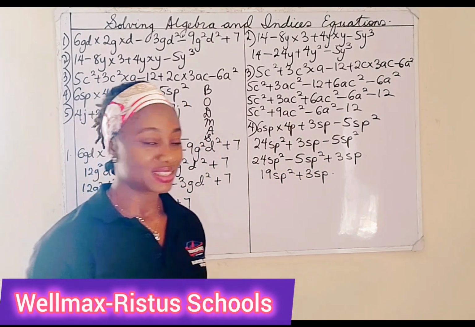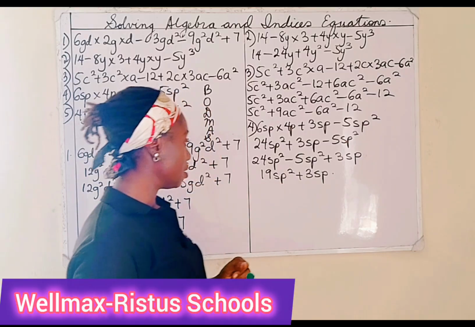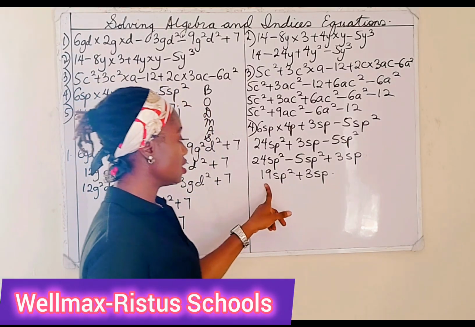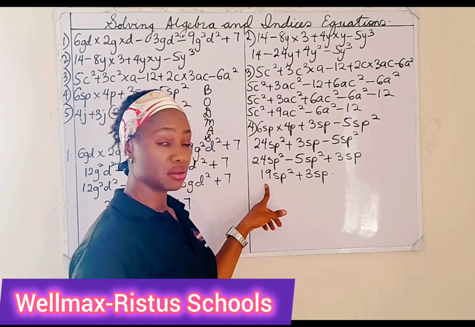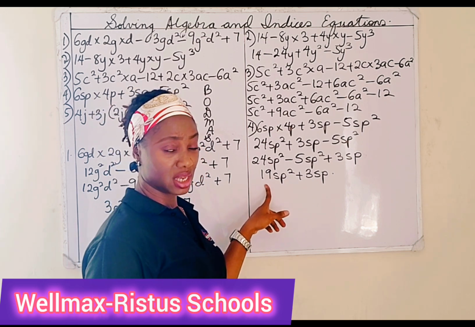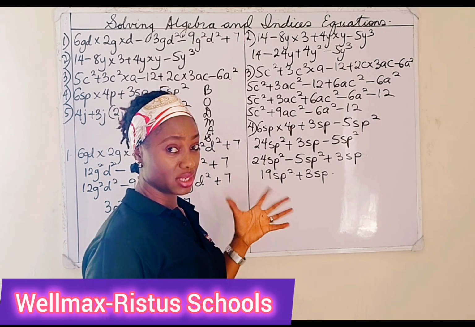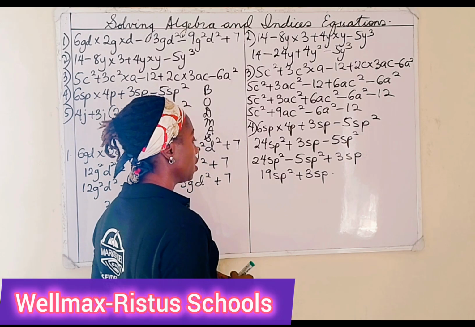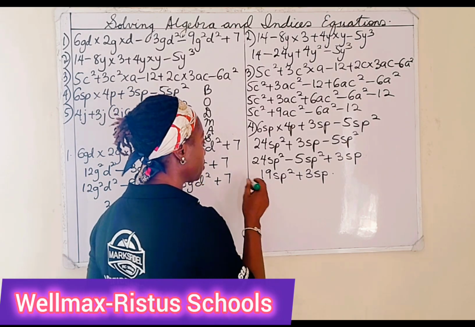And there you have it. This is the final answer. And we cannot even write it like this because there is no number that can multiply with another number to give us 19 except 1 and 19. So those are the only factors we have for 19, 1 and 19. And moreover, it's an odd number.